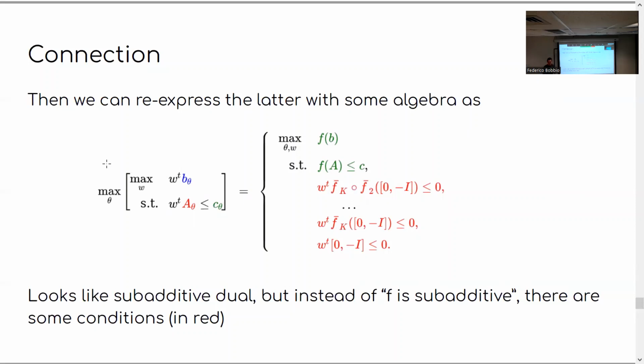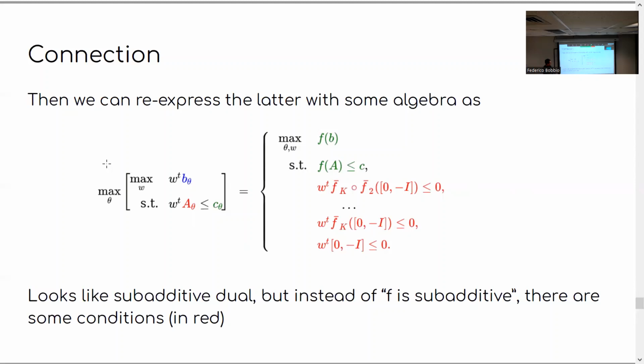I was wondering, is there a relation in the objective, you have f of b according to theta and w. Does it become a constant? You have the dual problem that is max over theta and w of f of b.